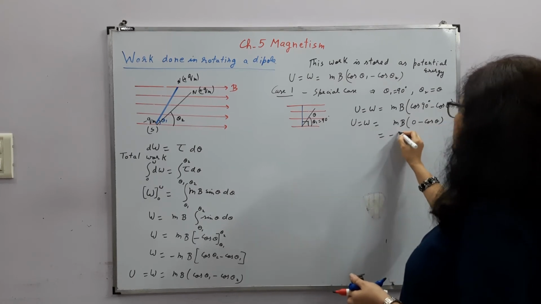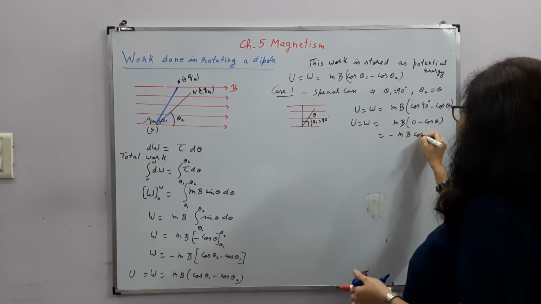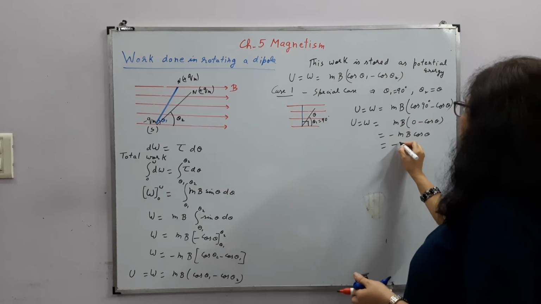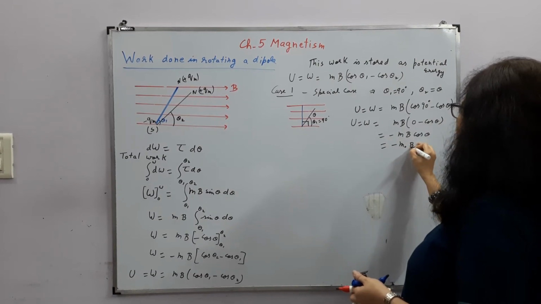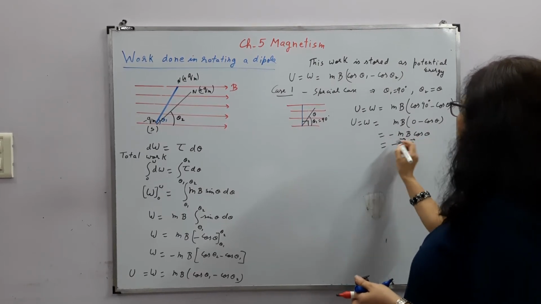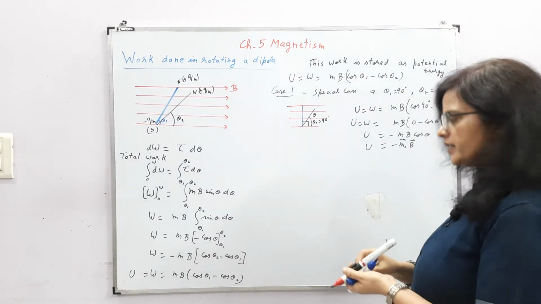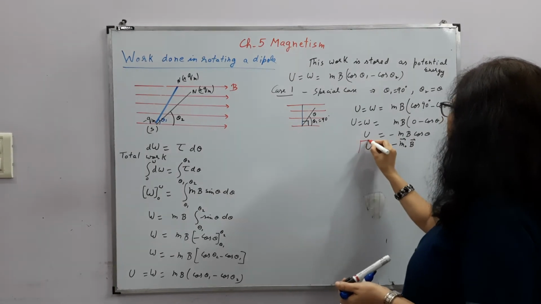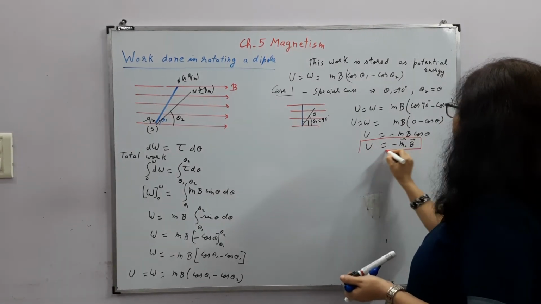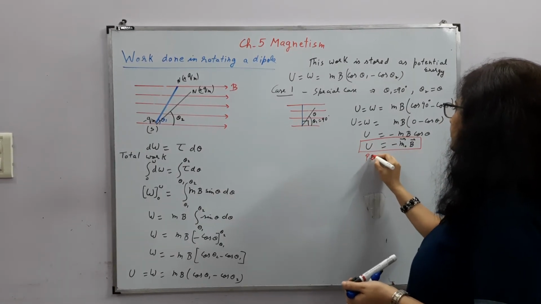So this gives me minus mB cos theta, and this means minus m dot B, right? This special case is generally considered as the formula for the potential energy of a magnetic dipole.